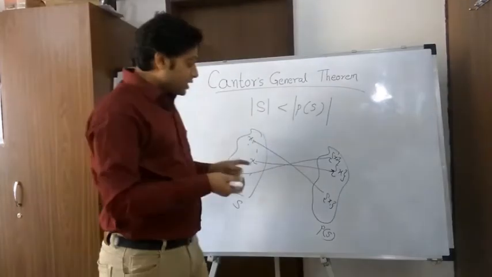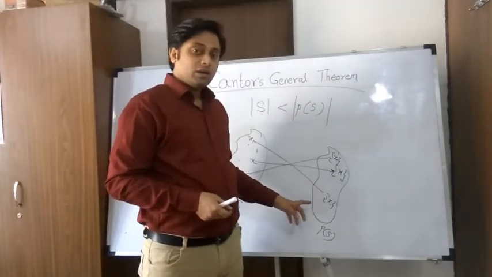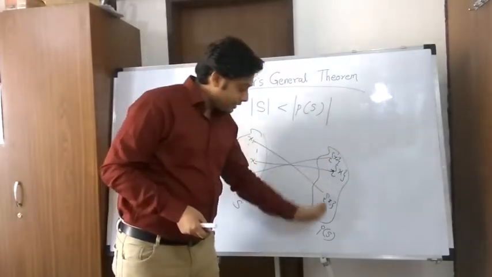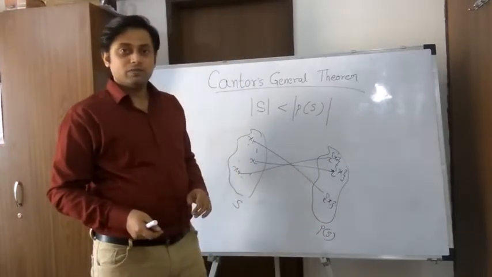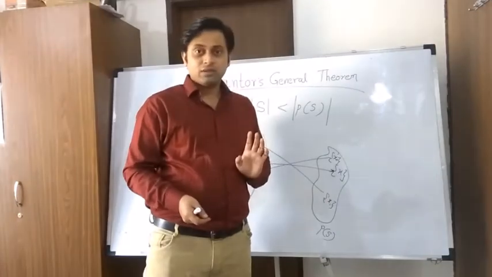Now the next question to probe is, in this mapping have I used all the elements of the power set of S? Is there any element which remains unmapped?